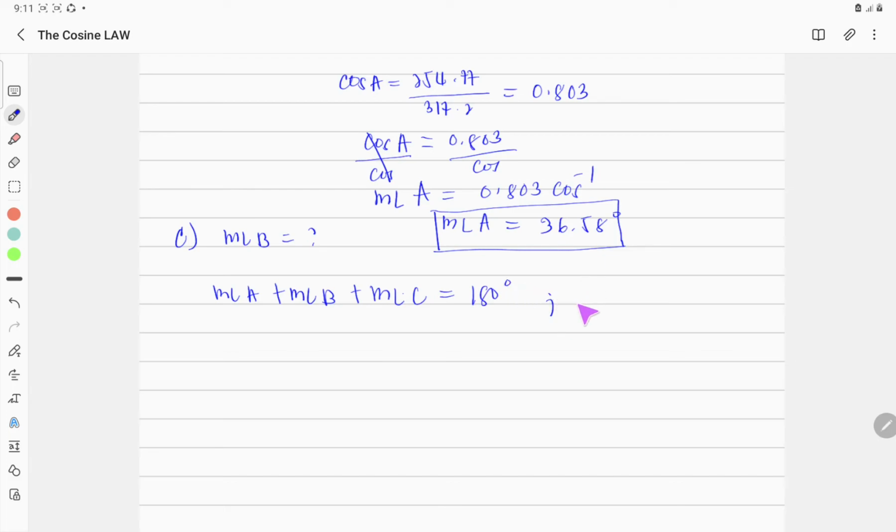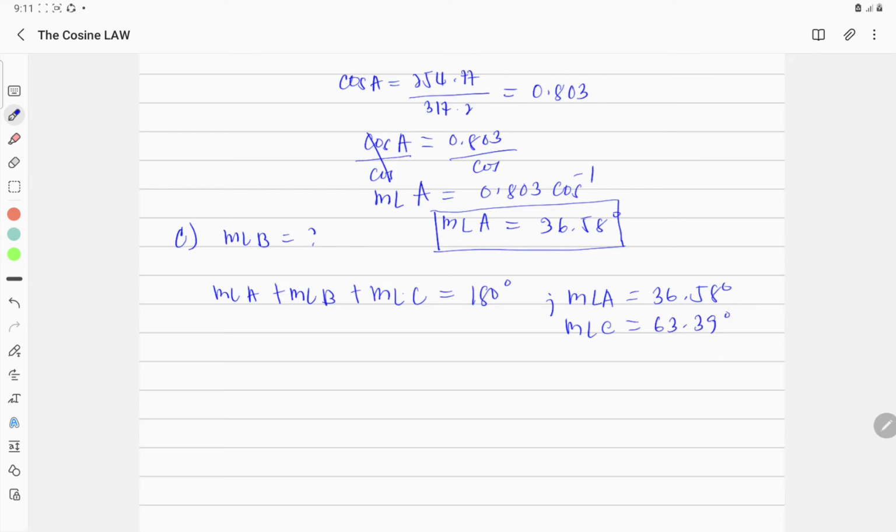The measure of angle A is 36.58 and the measure of angle C is 63.39 degrees.